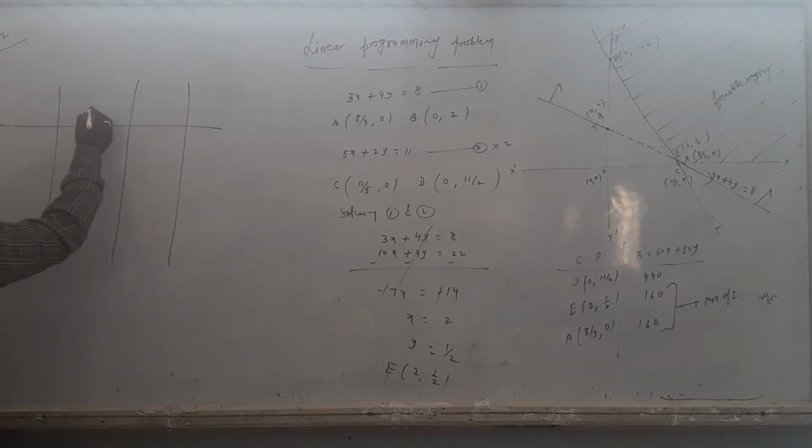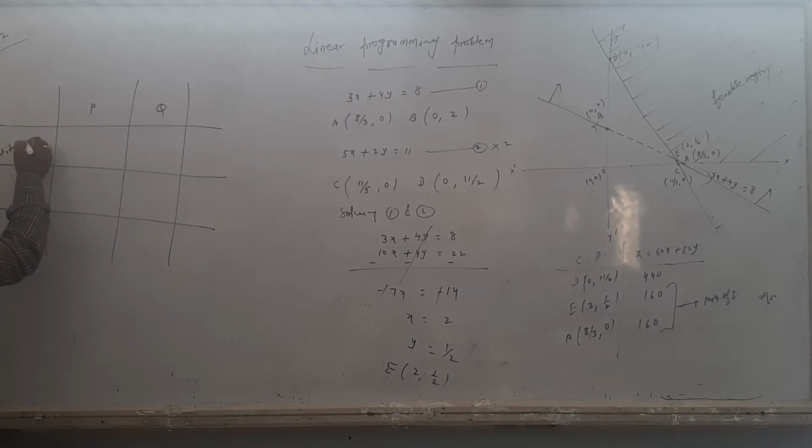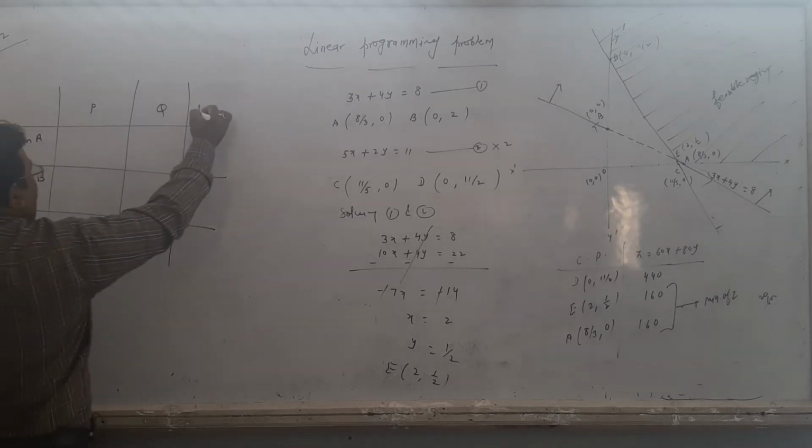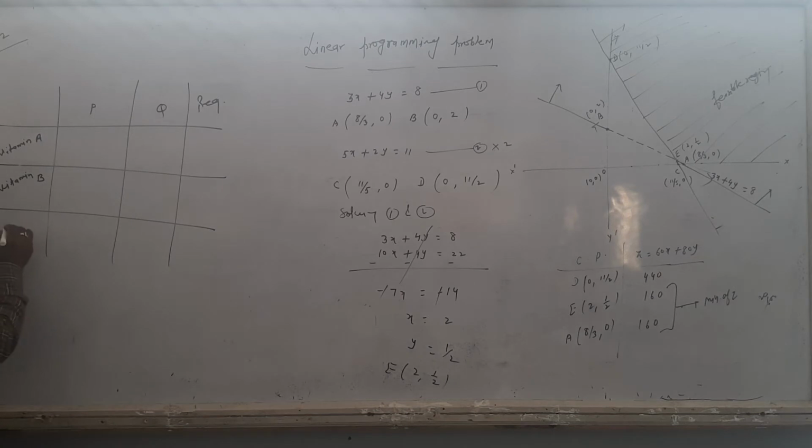First, this is food P and this is food Q. This side is contain: vitamin A and vitamin B. Now this side is the requirement, कि आपको विटामिन ए की कितनी रिक्वायरमेंट है, विटामिन बी की कितनी रिक्वायरमेंट है. And now this side is cost or profit.